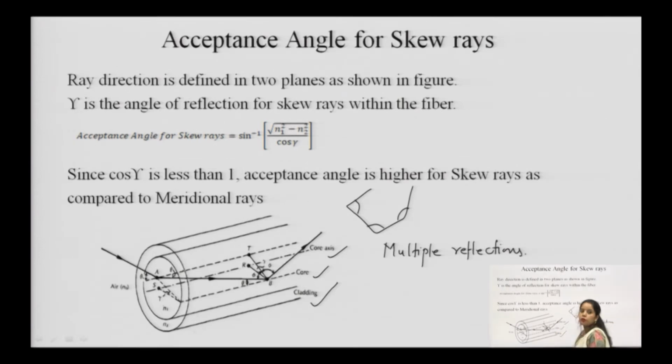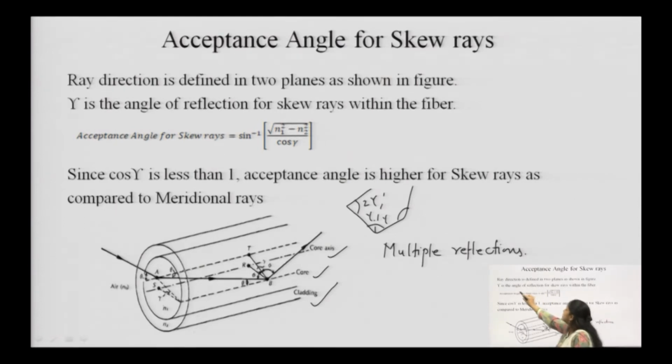This reflection is always equal to 2 gamma. If we divide this 2 gamma, this will be gamma and this will be gamma.